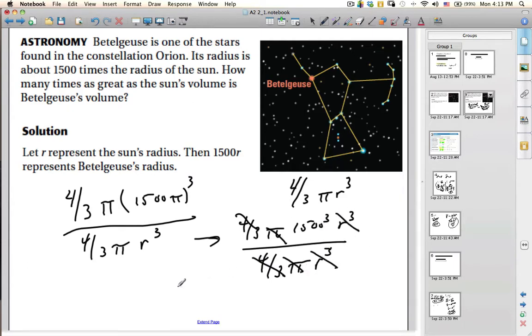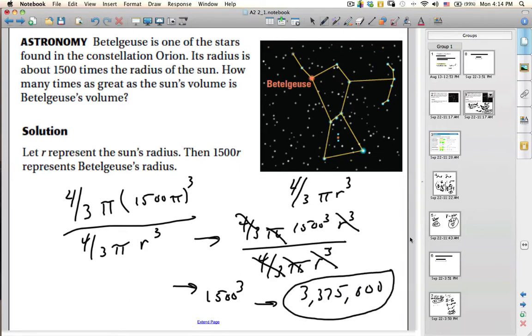And I just end up with 1,500 cubed, which is a pretty big number. So that becomes 3,375,000 times the volume of the sun. How many times is great? 3,375,000 times as large. So that's a very, very, very large star.